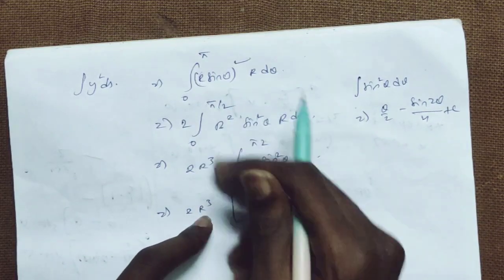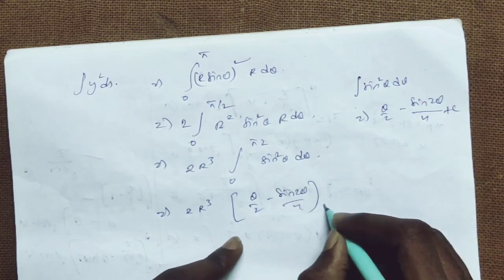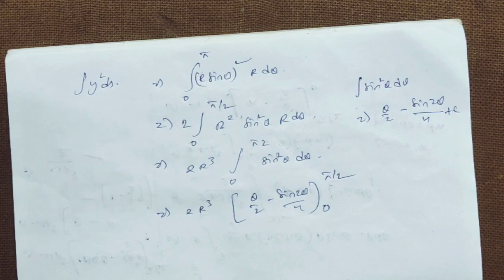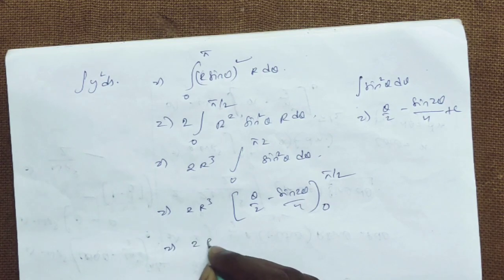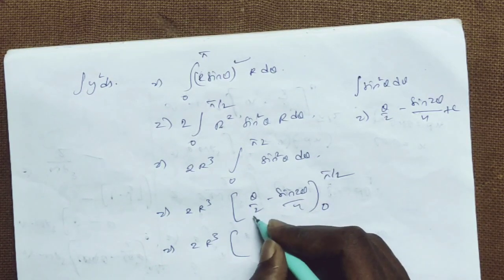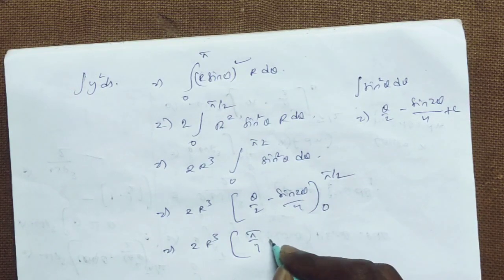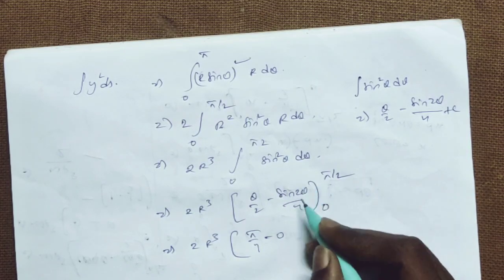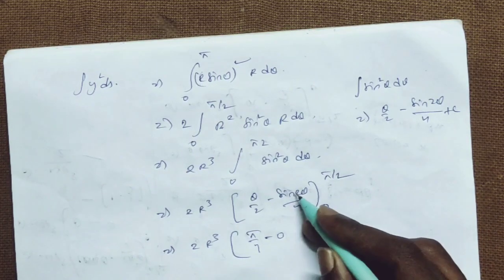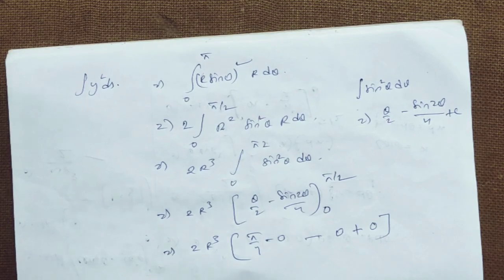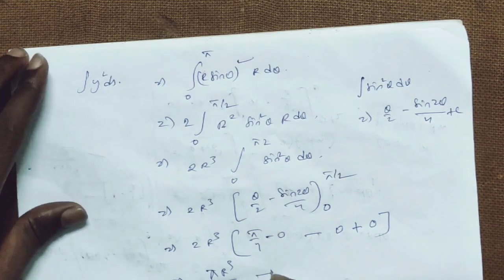As this is a definite integral, we don't have any constant c. That gives pi by 2, that will be pi by 4, minus sin pi by 4 minus 0, plus sin 0, which is 0. So we got pi r cube by 2. This is our denominator.